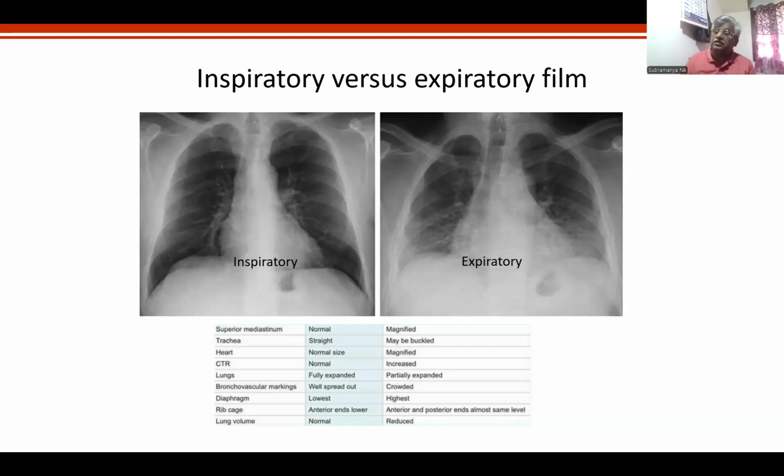And even there is pruning of the vessels. The diaphragm becomes flattened. There is microcardia in a hyperinflated film. It is not microcardia, it is actually exaggerated thoracic volume, which pushes and shrinks the heart. These are exactly the clinical radiological findings that you get in an emphysema in an adult. Okay, right.